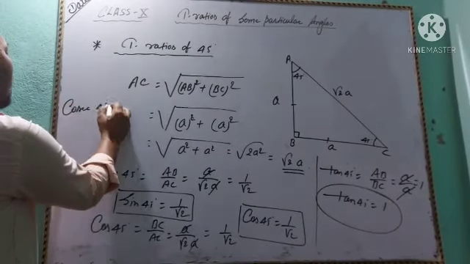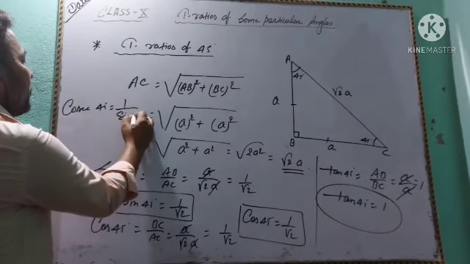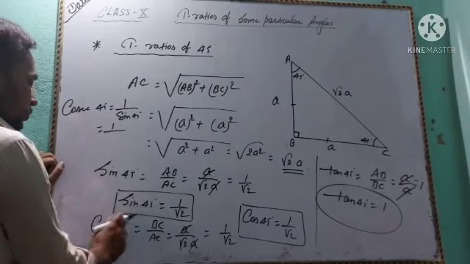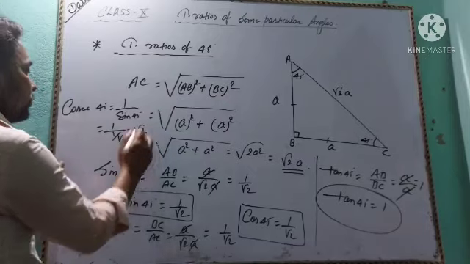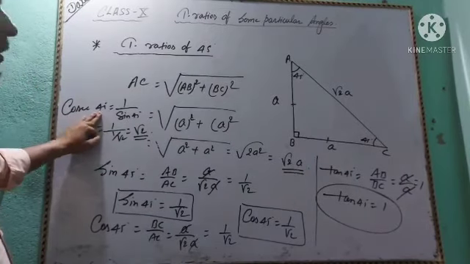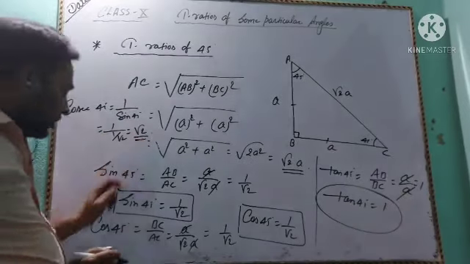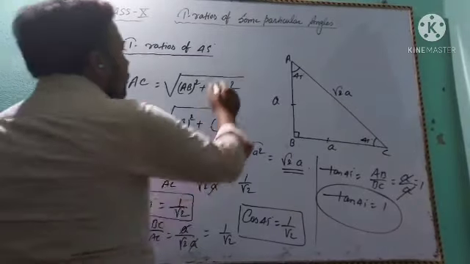The reciprocal of sin 45 degree is cosec 45 degree. We write cosec 45 degree is 1 by sin 45 degree, and putting the value of sin 45 degree, 1 by root 2, that is root 2. So the value of cosec 45 degree is root 2. Next is the reciprocal of cos 45 degree, sec 45 degree.